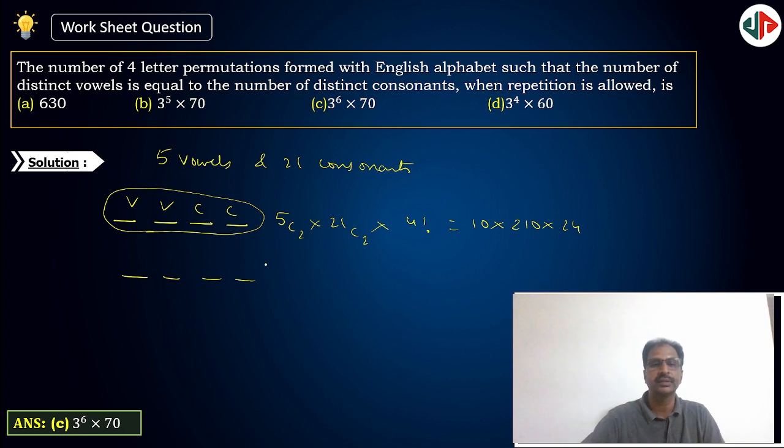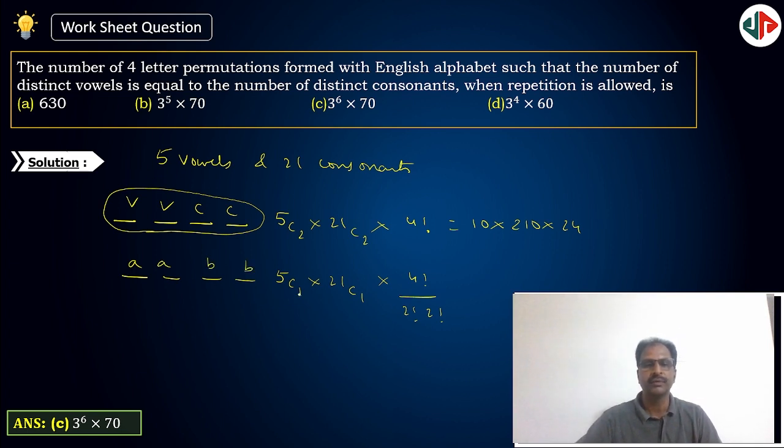Next is, you can select 1 vowel in 5C1 ways, 1 consonant in 21C1 ways, and arrange those in 4 factorial by 2 factorial, 2 factorial ways, because the vowel will be repeated and that consonant will be repeated. Let us say I have selected AA and BP.